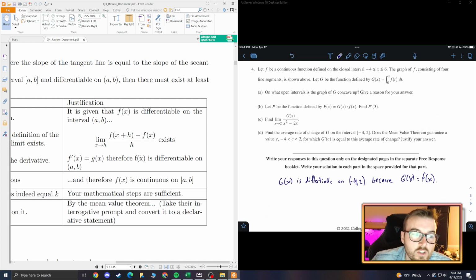So because the derivative exists, we're saying it's differentiable, right? Because they told us what g is, and because we are capable of deriving it, that means the derivative exists. We've just demonstrated that. G of x is differentiable on -4 to 2 because g prime of x equals f of x.